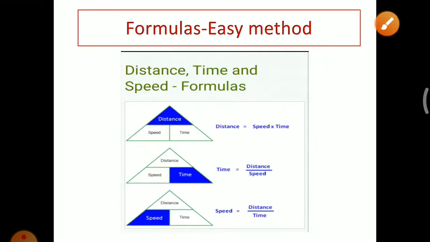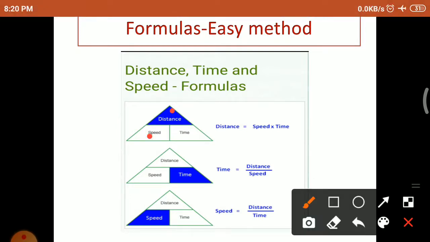From this equation we can form three formulas. You have to write distance, speed, time. If you want the distance, you multiply speed into time. If you want the time, the formula is distance by speed. The speed means distance by time.